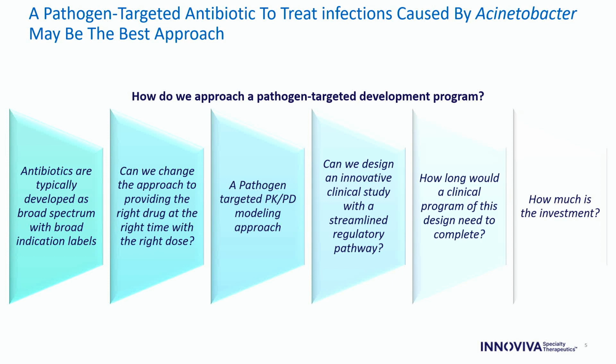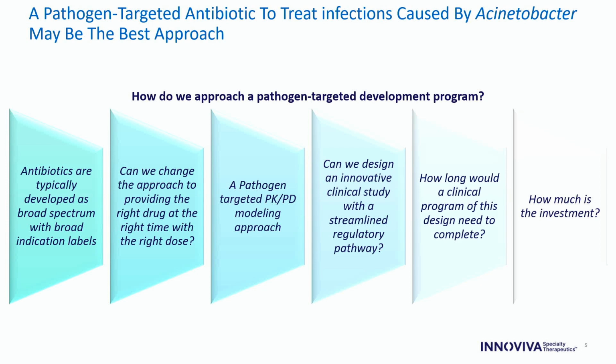How do you approach tackling a bug like this? Typically, antibiotics are developed broad spectrum, broad label. You're looking at a number of different pathogens that the antibiotic may be able to treat and combat. Can we change the approach in developing a pathogen-targeted antibiotic, where you're delivering the right drug at the right time with the right dose?